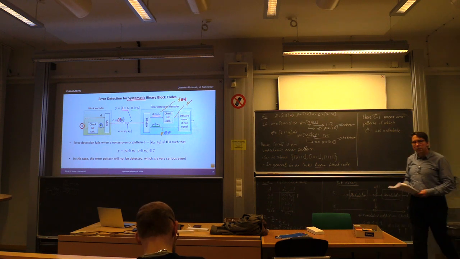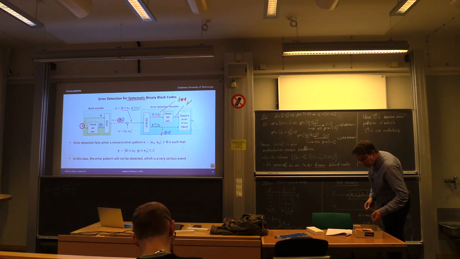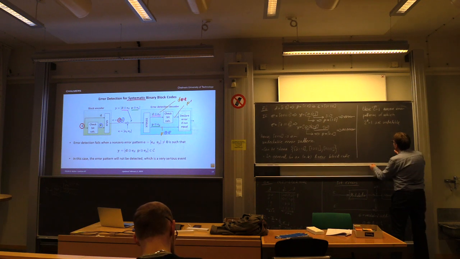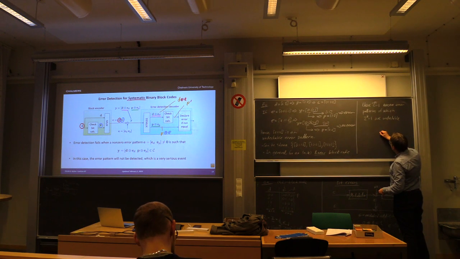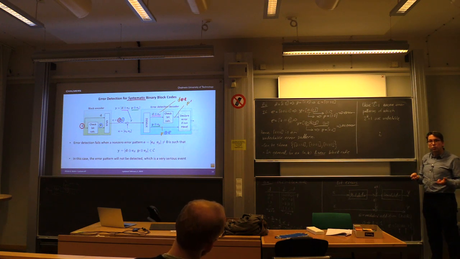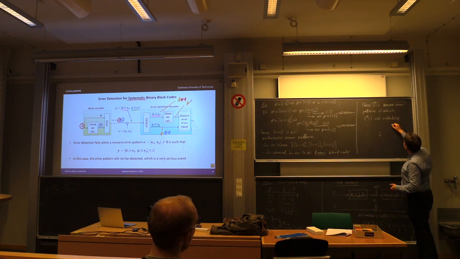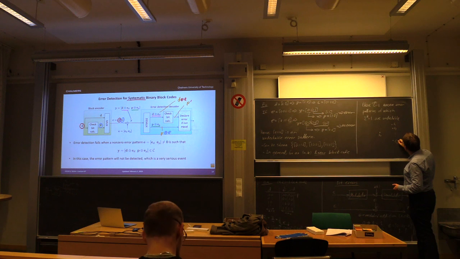Okay. And let me just quickly try to motivate this. So suppose we transmit a code word, and let's call it C0. There are 2 to the power of k possible code words, right? So then we have C1, we have C2, and so on, down to C to the 2 to the power of k minus 1.